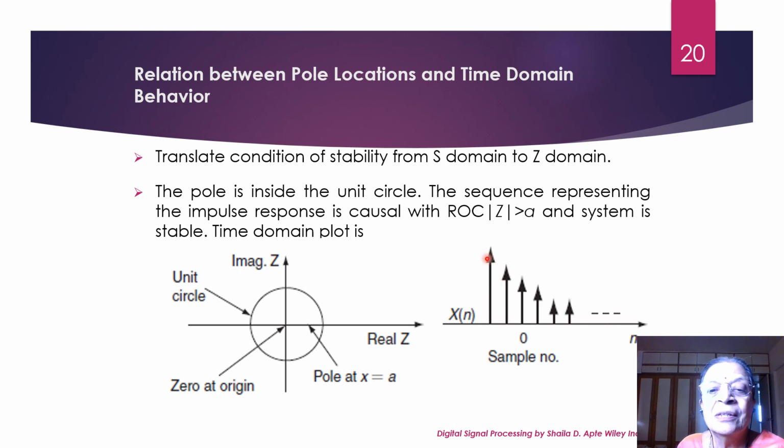Now, see, suppose I consider a raised to n un. Then at n equal to 0, a raised to n will be equal to 1. Then suppose I am considering a as half. Remember that a must be less than 1, then only it will be stable.